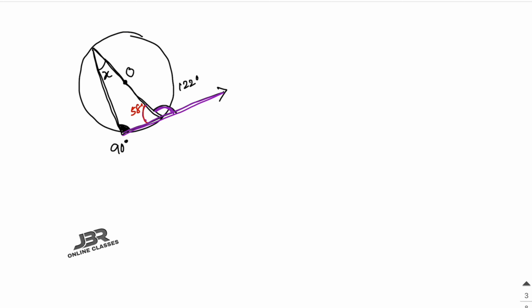Now in this triangle, here 90 degree, here 58 degree, so x equal to 180 minus 90 plus 58. Okay, so 90 plus 58, it's 148, and if you subtract 148 from 180, it's 32 degree. Okay, 32 degree as your final answer.